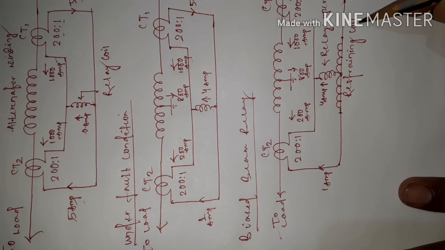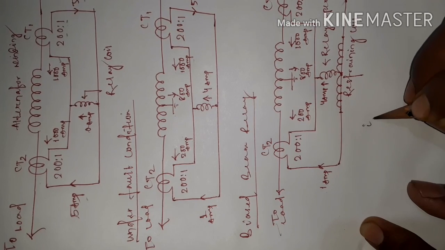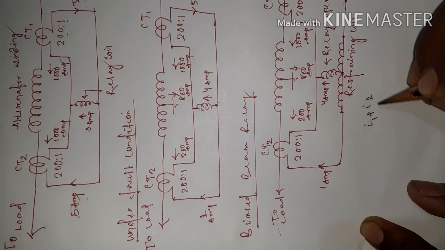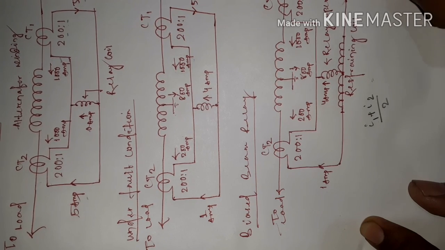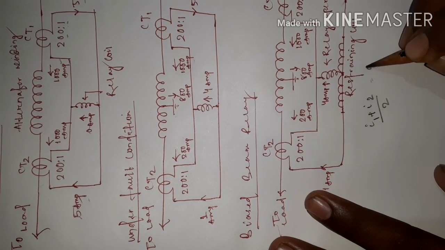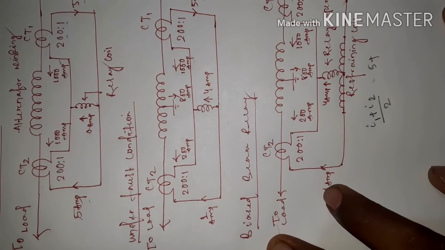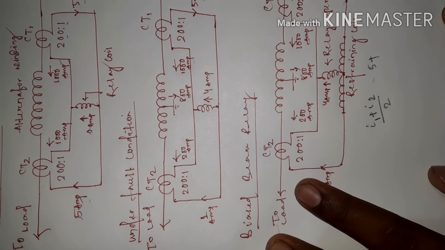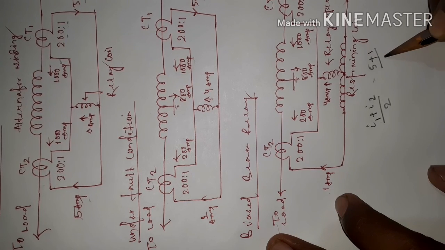The current flowing through this restraining coil is (I1 plus I2) divided by 2, where I1 is the current showing in the CT1 secondary side, which here is 5 ampere, plus I2, the current showing in the CT2 secondary side, which is 1 ampere, divided by 2.